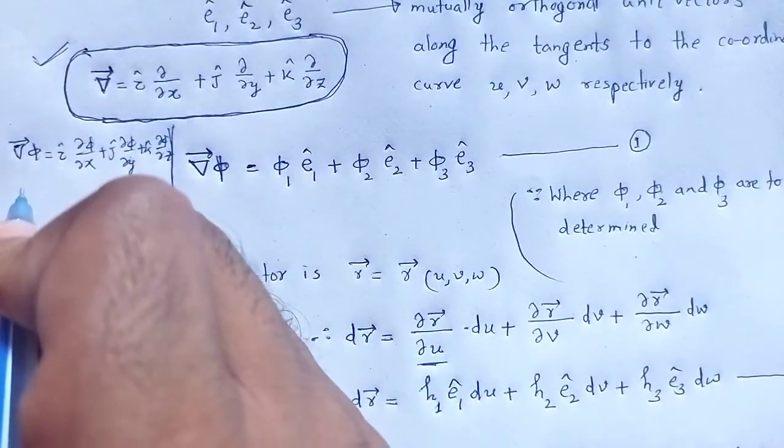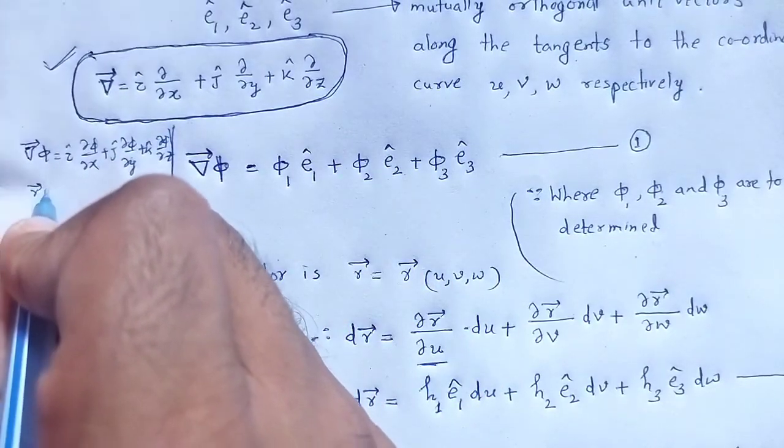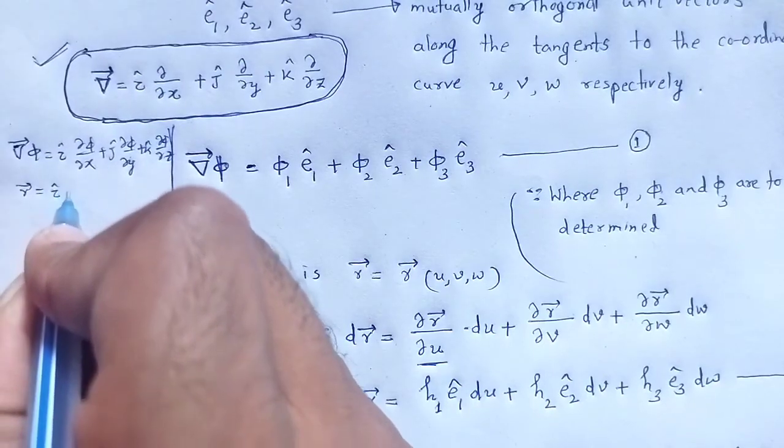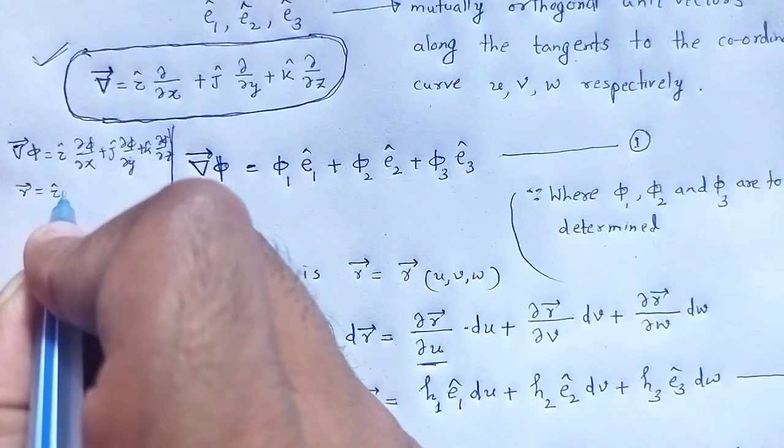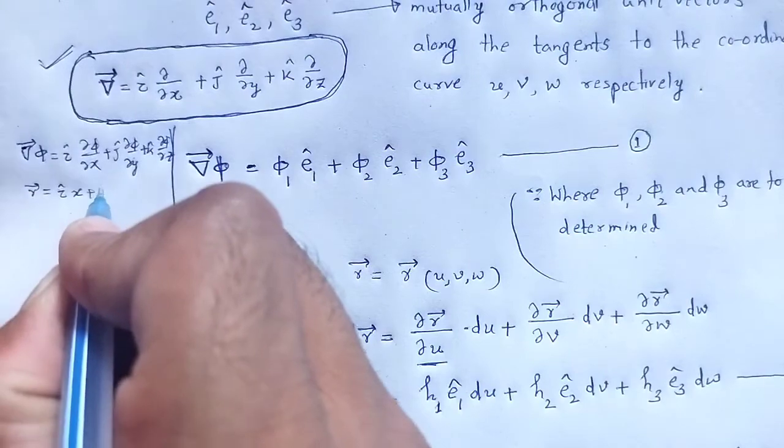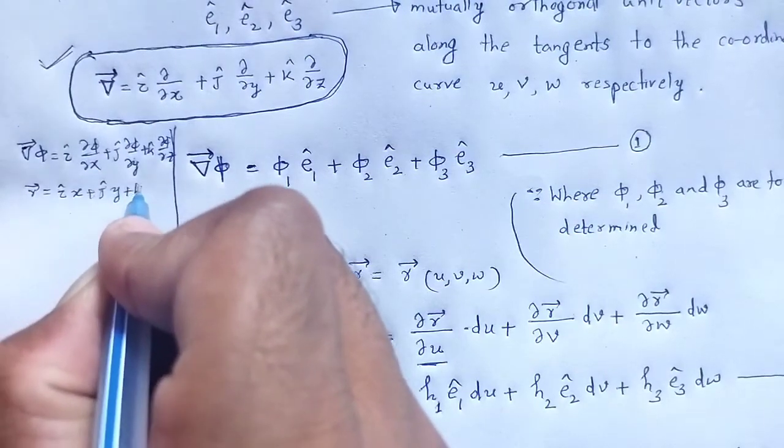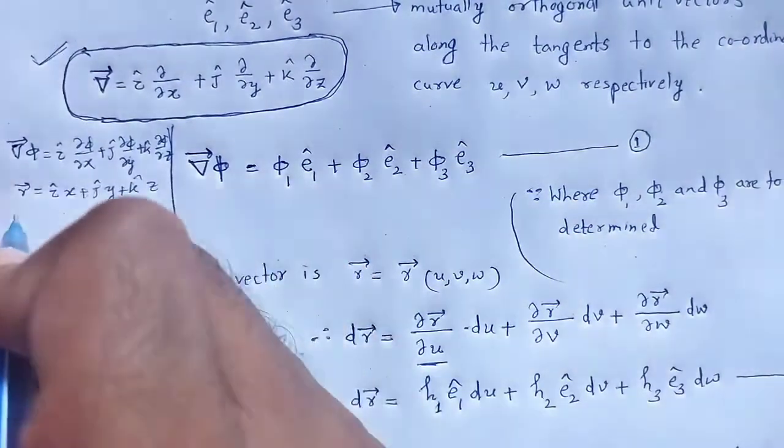The r vector is the position vector, that is i cap x plus j cap y plus k cap z.